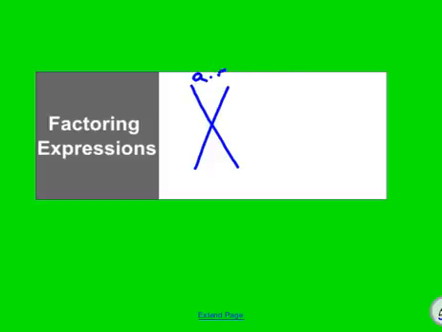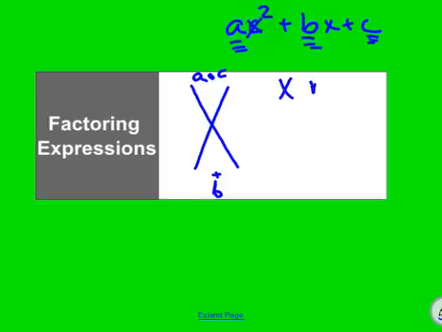A times C and B. So remember, these are ax squared plus bx plus c. These are your values, A, B, and C. Now remember, it had to multiply together to be A times C and add to be B. So the X method's probably going to be the most popular. That's what everybody ended up doing last trimester.